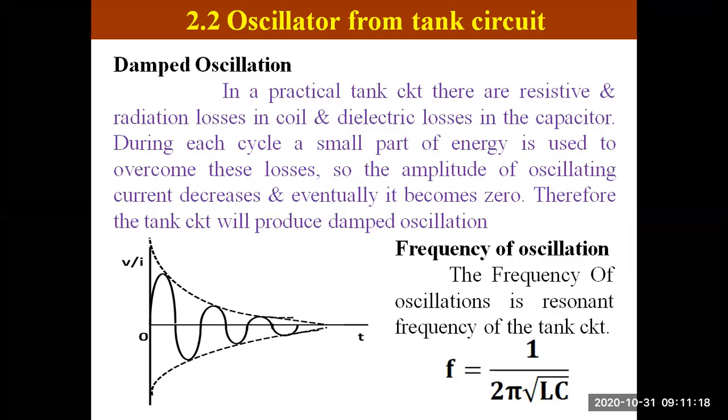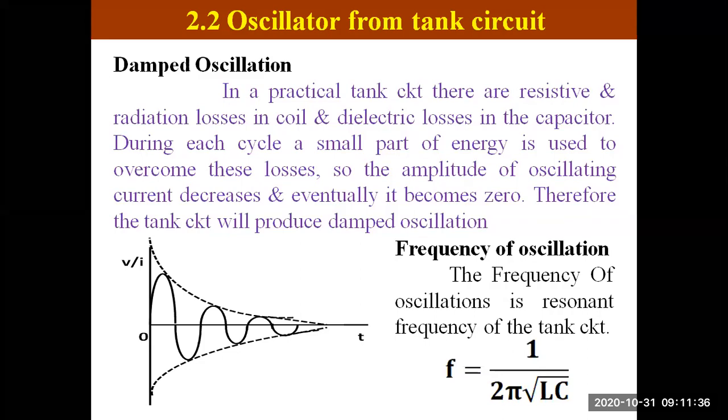As current flows through this inductor, a magnetic field is developed surrounding the inductor, and therefore there are radiation losses and resistance losses in the inductor, as well as dielectric losses in the capacitor.